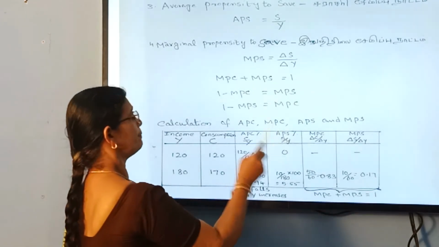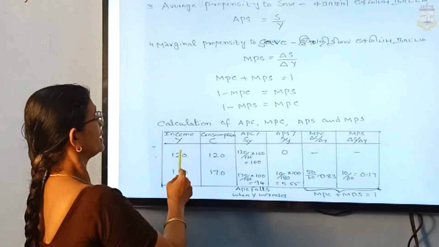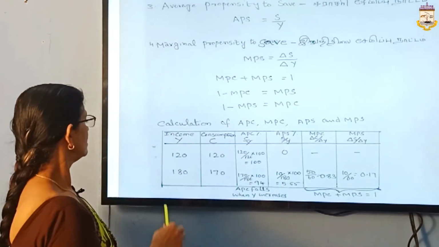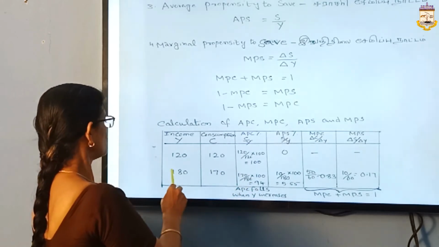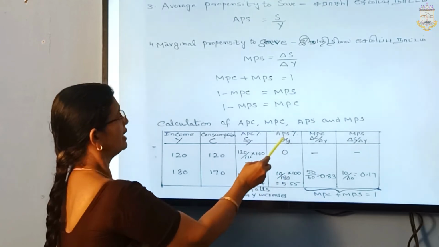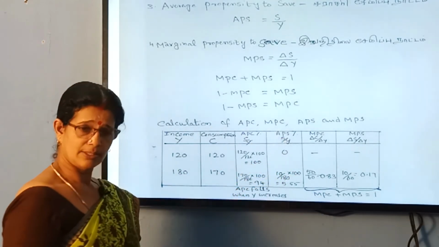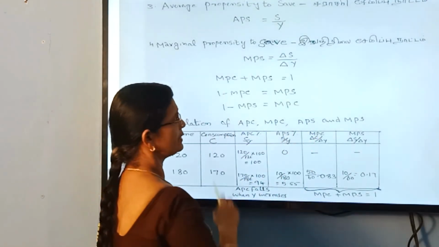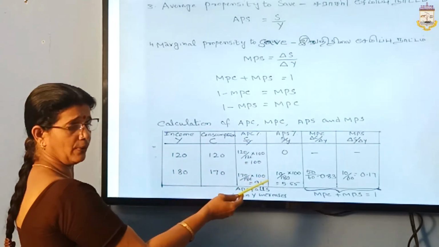Now again APS, APS is S by Y. In the first case, income and consumption are equal, there is no saving, so it is 0. In the next case, there is 10 crores of saving, that is 180 minus 170, 10 crores saving. So 10 by 180 into 100, that is equal to 5.55. Next is MPC, delta C by delta Y. In the first case, we can't compute MPC.